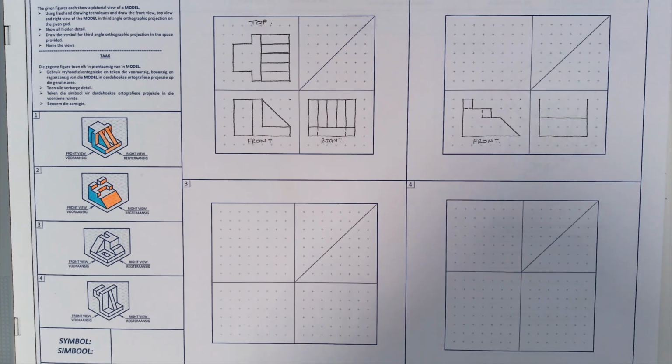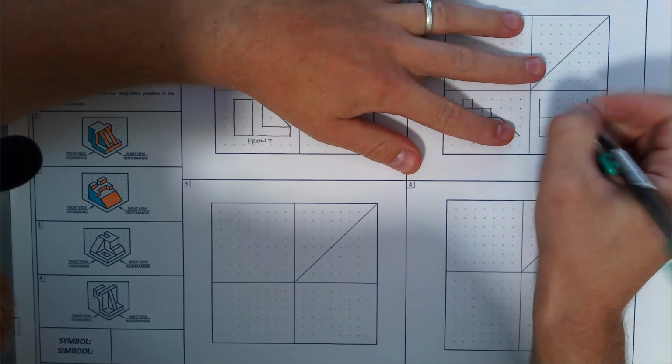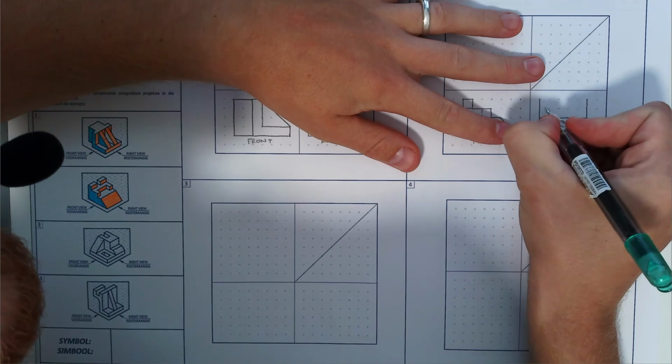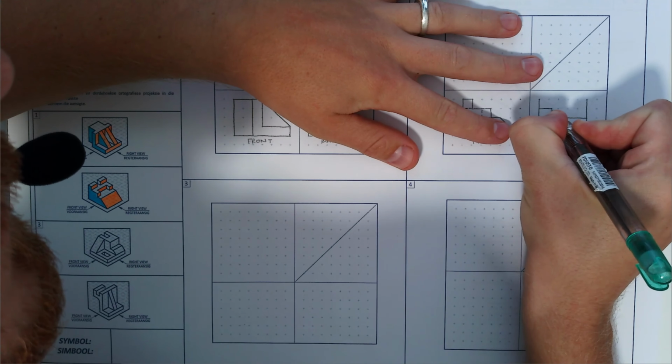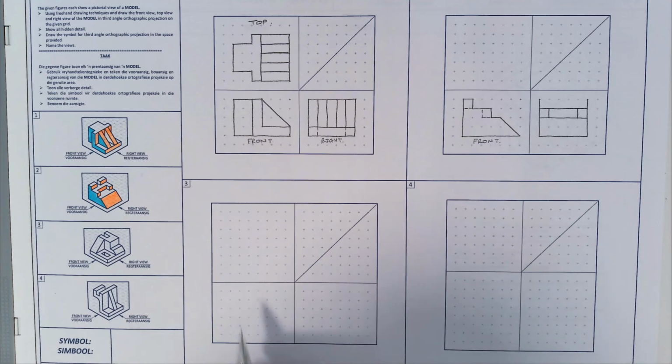Then there's a little block on the left, a little block on the right, and then that rectangle in the middle. So it's a block and a block. Block on the left, block on the right, a rectangle in the middle.